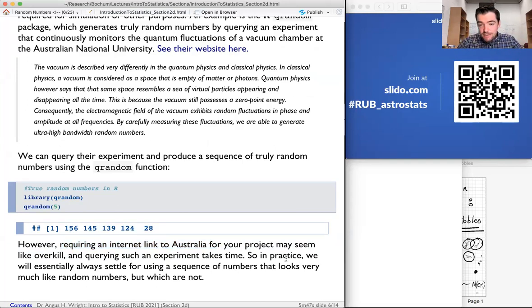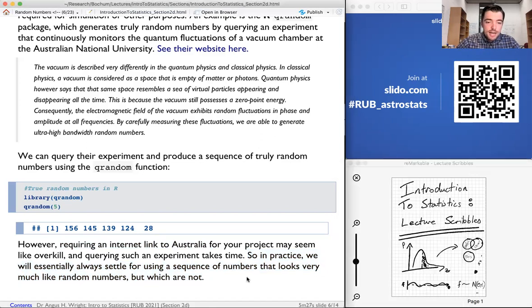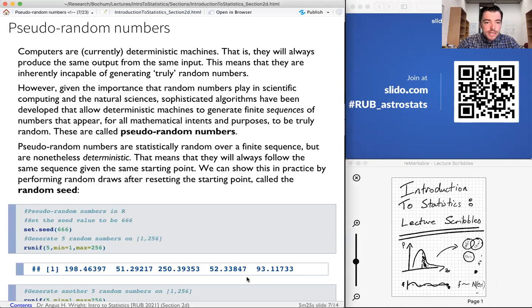In practice, therefore, we've basically never actually used true random numbers in our day-to-day science. Instead, we settle for a sequence of numbers that looks very much like truly random numbers, but which isn't. Okay? That is what we call pseudo-random numbers.